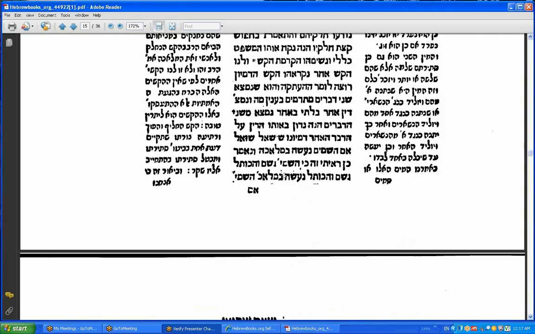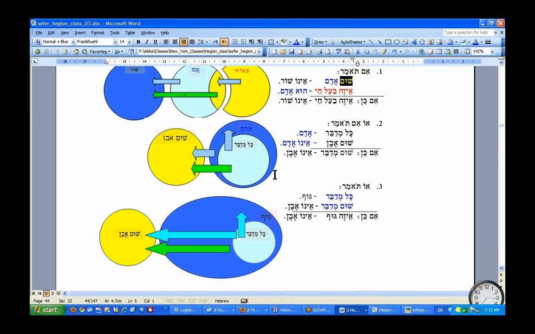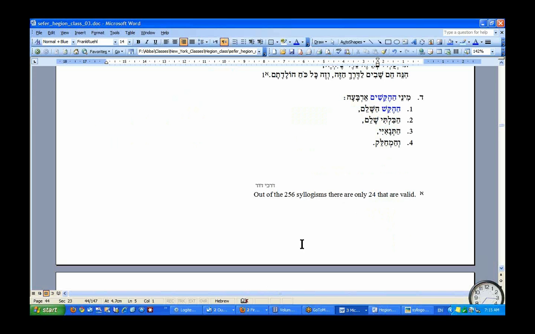Anyway, they go through all the combinations, and it's just technical, really. Of the 256, they find only 24 are valid. When I first studied this thing, I made a little computer game.